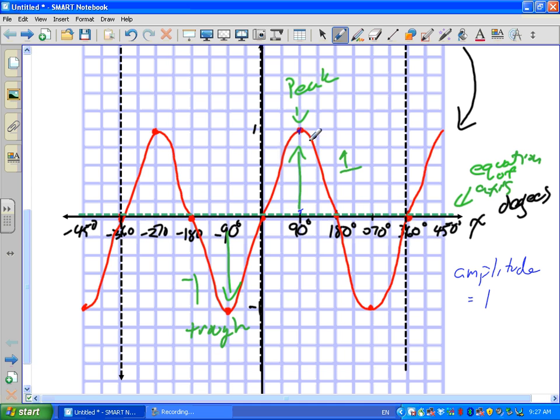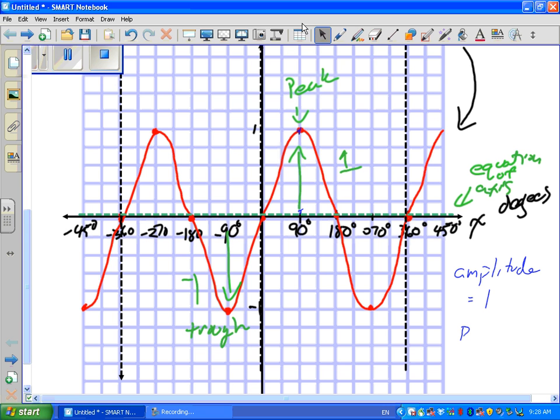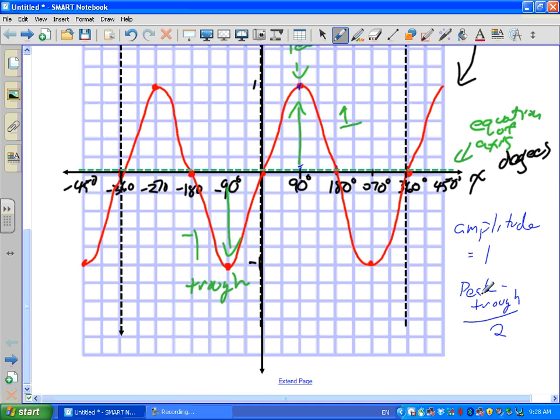One way you can figure that out is you can take the peak. If you take a peak and subtract the trough and divide by 2, you can always find the amplitude. So I've used words there, which is kind of confusing. But if we look at our peak, we'll call it P and T, okay? So if you take P, subtract T, and divide by 2, peak, subtract the trough, divided by 2, you'll find the amplitude.